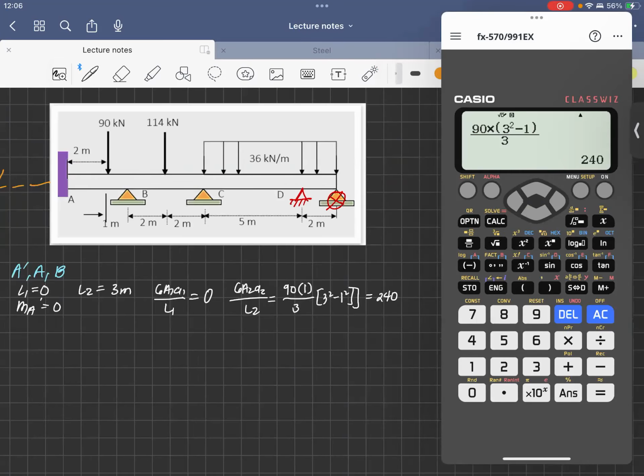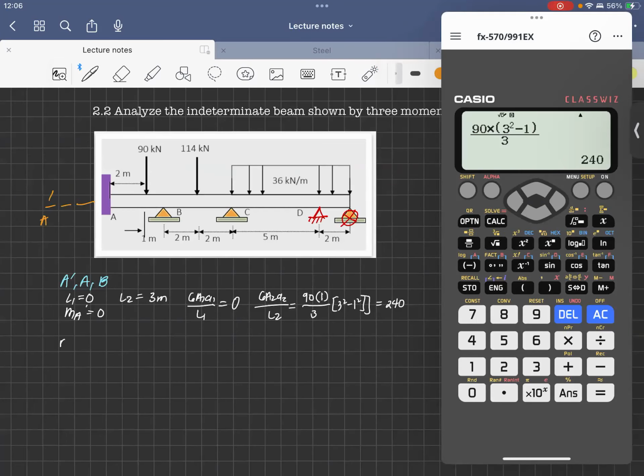And then I'm going to write the equation. MA prime times L1, 0, plus 2MA times L1, 0 plus L2, 3. I'll directly write it. Plus MB times L2, 3. Plus 6A1, 0, plus 6A2, 240. So cancel.